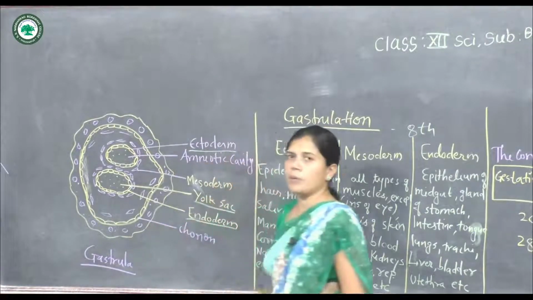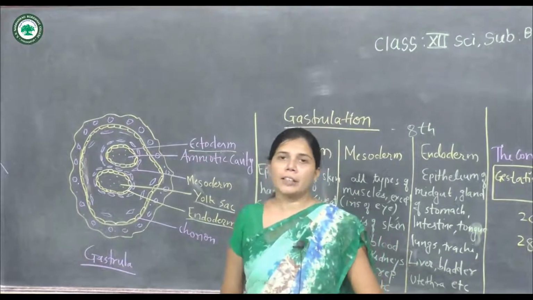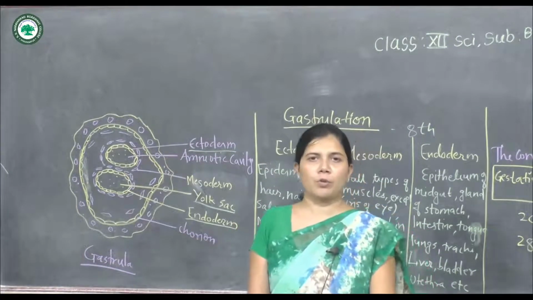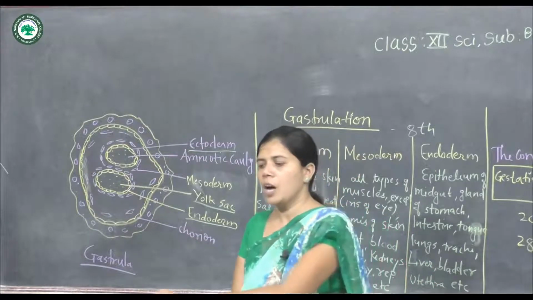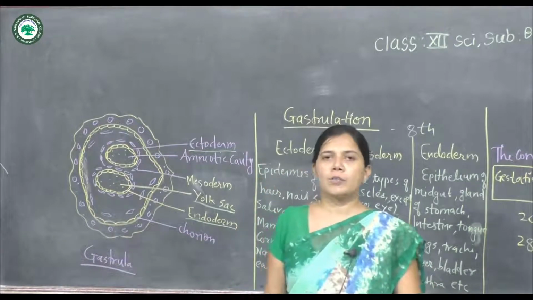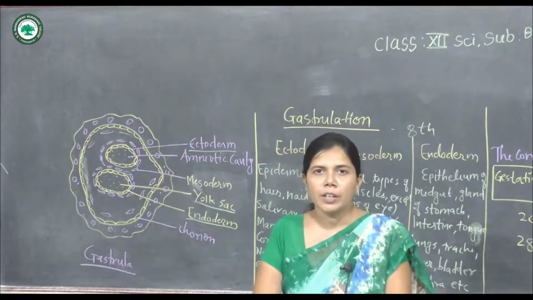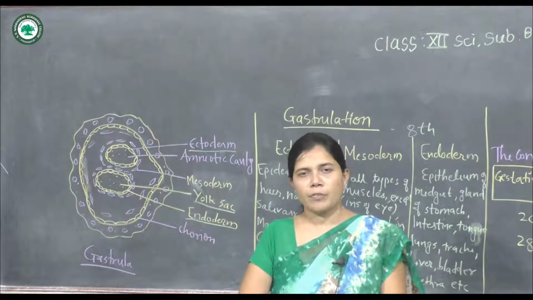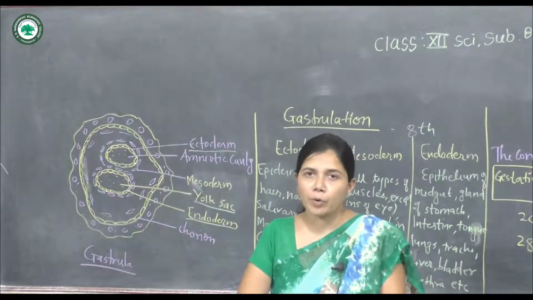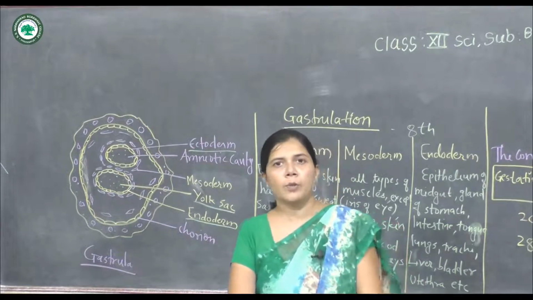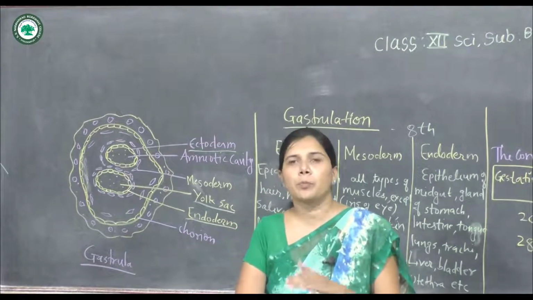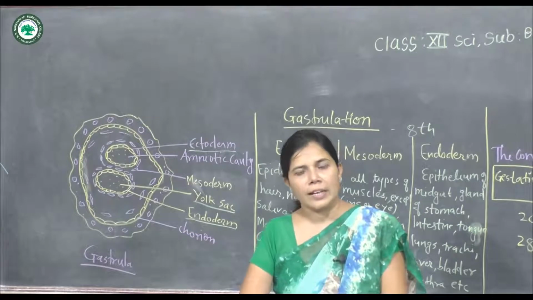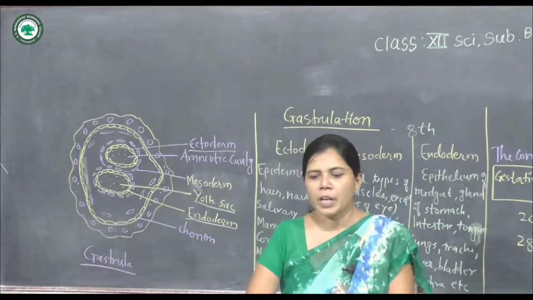The roof of the amniotic cavity forms the amnion, an embryonic membrane which supports and protects the embryo, surrounding it during fetal development.